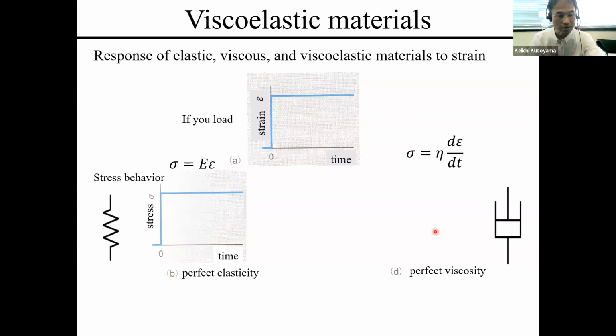I'll give you 30 seconds to think about it. What kind of graph can you draw for a viscous material when you apply a constant strain? Like this?